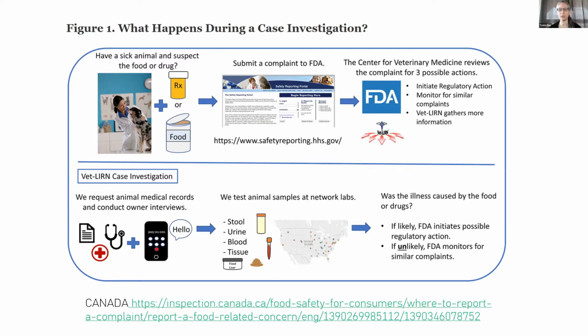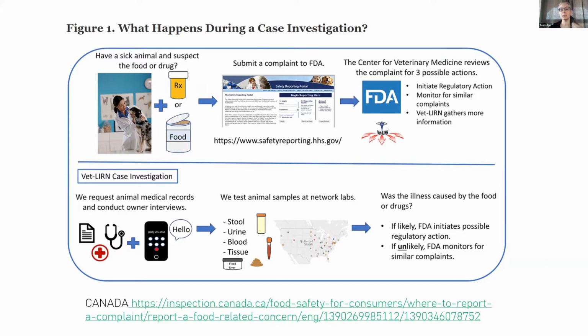So the top half is more of a passive surveillance, if you've heard of that terminology, and the bottom is a little more active participation in gaining more information. In the end, if it conclusively comes to a final conclusion that the food or the drug was an issue, there can be regulatory action. If it's still inconclusive or unknown, it can result in more monitoring or more investigation.